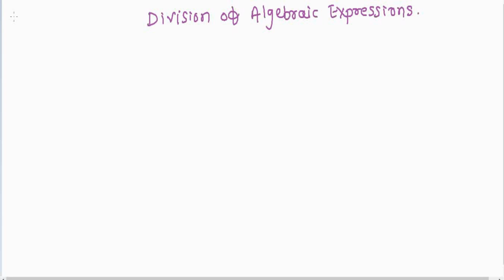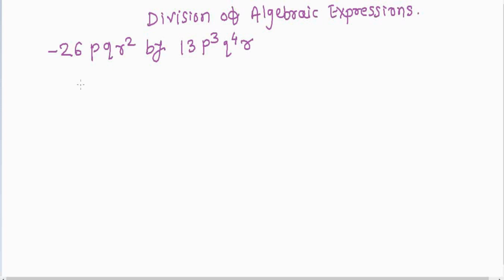Suppose we want to divide minus 26 p q r square by 13 p q raised to 4 and r.